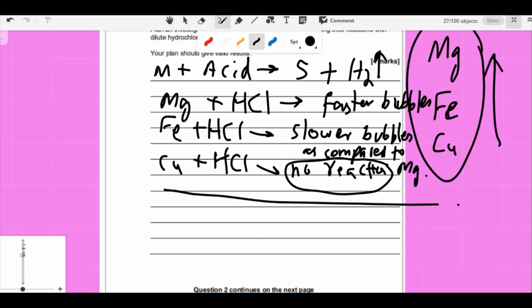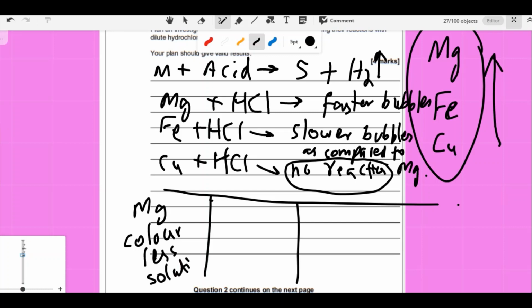In the second case, you can also write measuring the temperature change, and you can compare the color of the solution formed, because you have to remember that magnesium forms a colorless solution, while iron forms a colored solution.